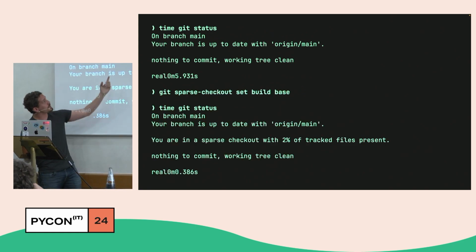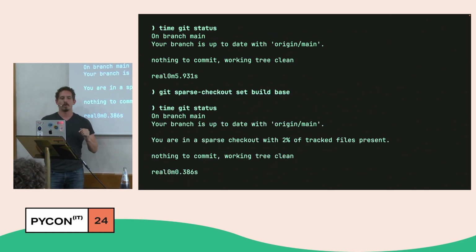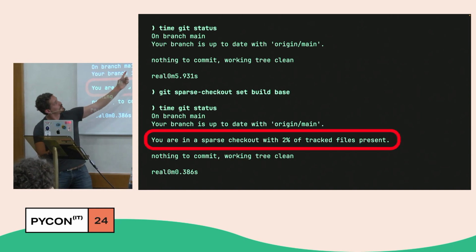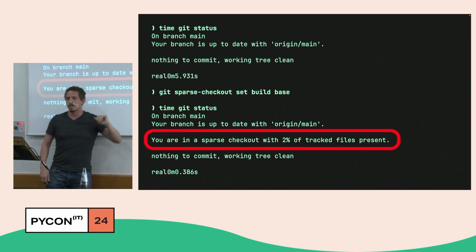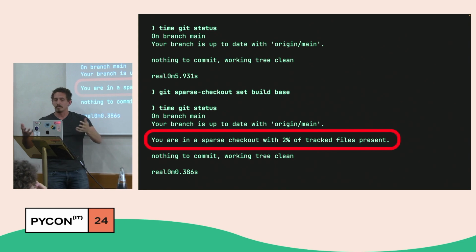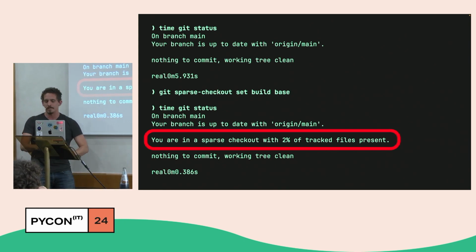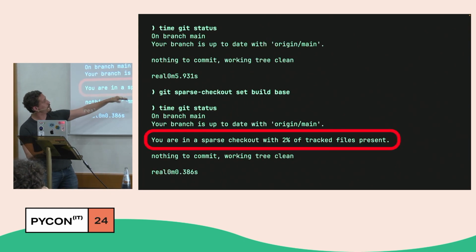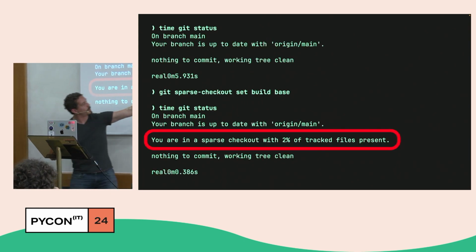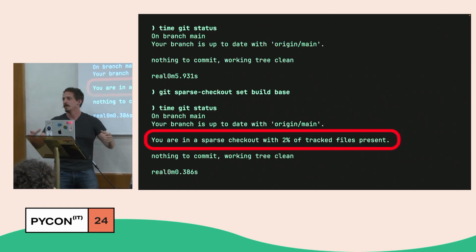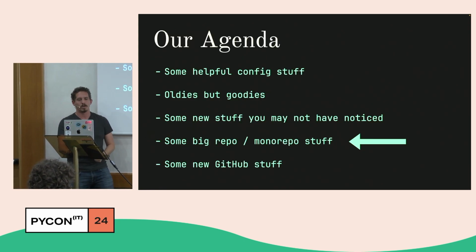So if we look at a status that's 5 seconds, and then we run git sparse-checkout set, and then the 2 subdirectories that I only want, build and base, it'll take all the rest of the files out of my file system and let me just work with those, right? And then when you run stuff, it's like, okay, you're in a sparse checkout, you only have 2% of your tracked files, right? That's all you have on disk right now.